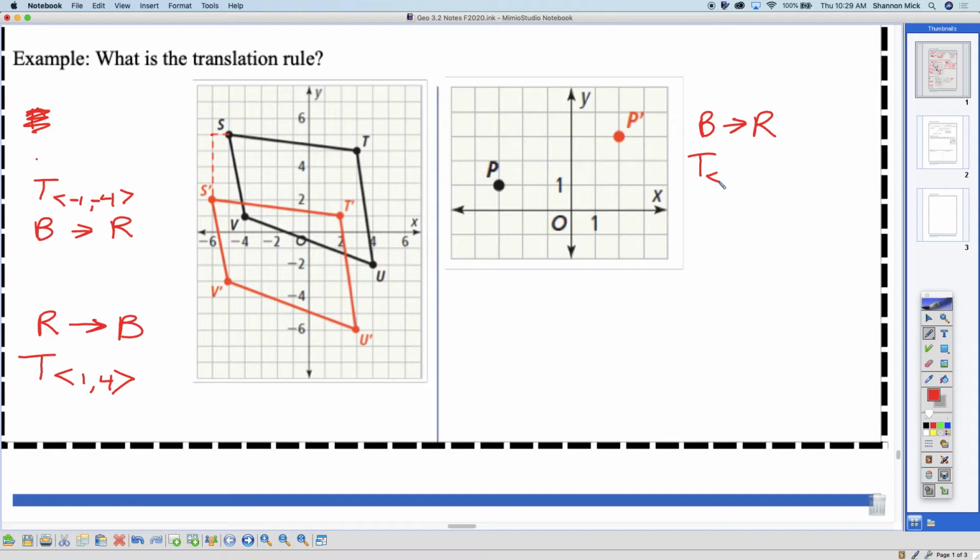I'm gonna pick on Desiree. Okay, Desiree, how am I going to go from the black to the red?